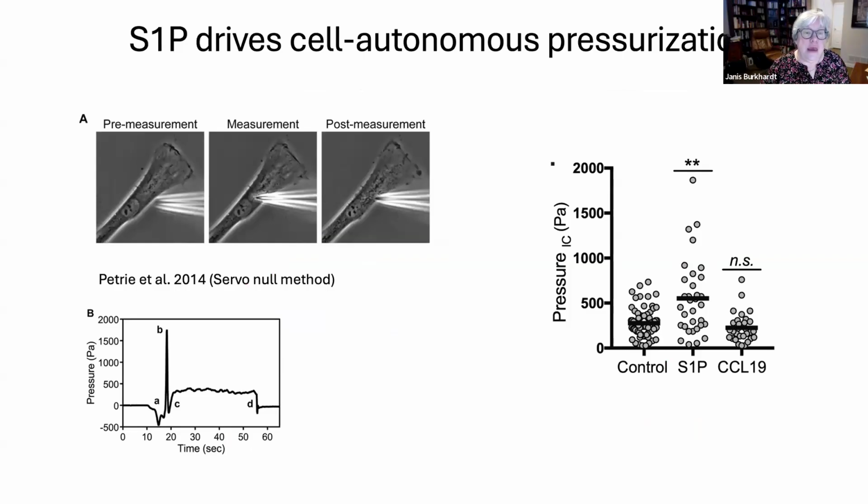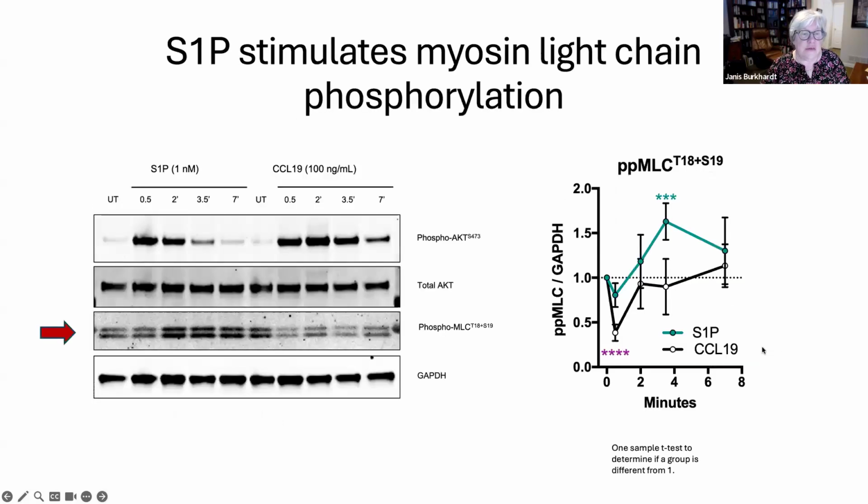So to think about what that could be, we did some experiments with Ryan Petrie, whose lab was across the street from ours at Drexel. And Ryan has a technique where he can poke cells with a micropipette filled with fluid and then measure intracellular pressure based on fluid displacement. And he could see that there was indeed increased pressure in the S1P stimulated cells that's not induced by these other chemoattractants.